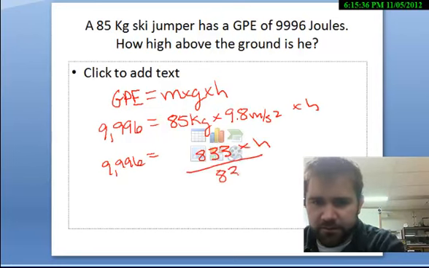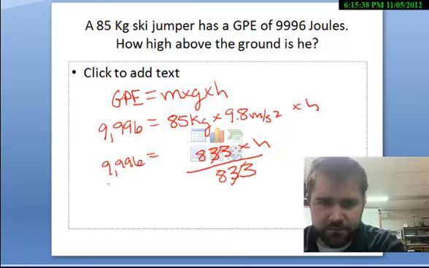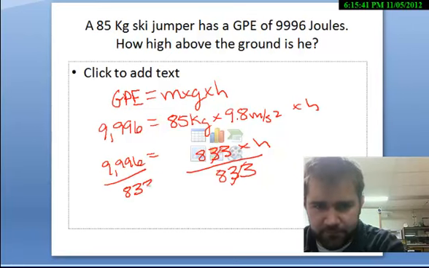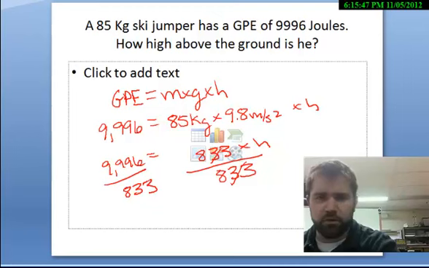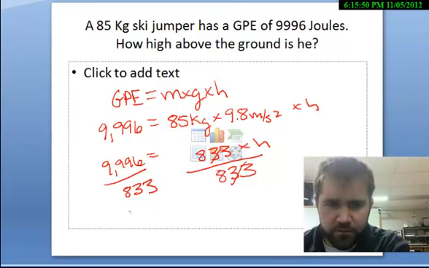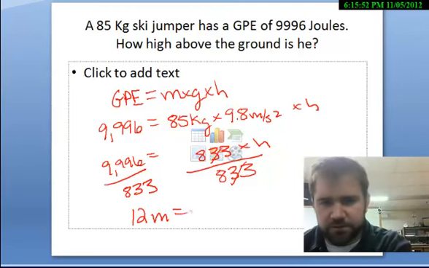Divide by 833. These cancel. 9,996 divided by 833 equals 12. 12 meters is equal to the height.